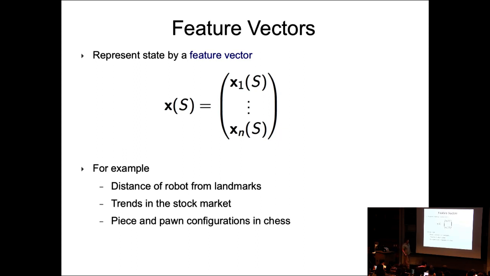Or you might look at the piece and pawn configuration in chess. So you're basically saying, if I'm in this configuration, maybe my feature is 1. Maybe you're going to parameterize by the trends in the stock market. If the stock market goes down, your robot is not going to get a good reward. So there are many things that you can do when coming up with a feature representation.